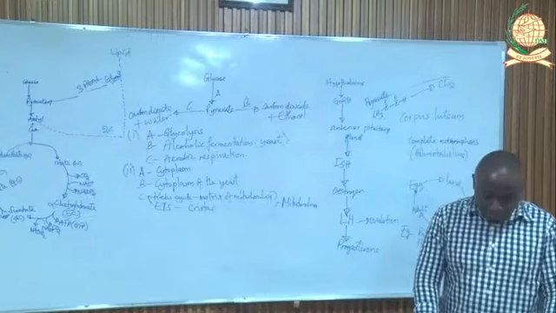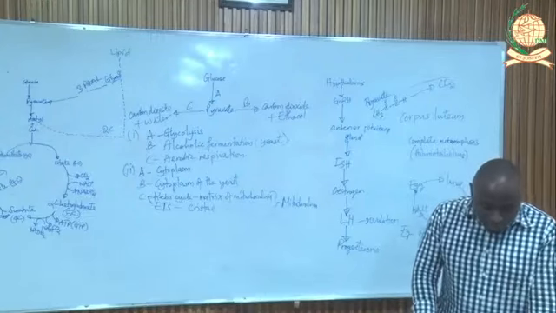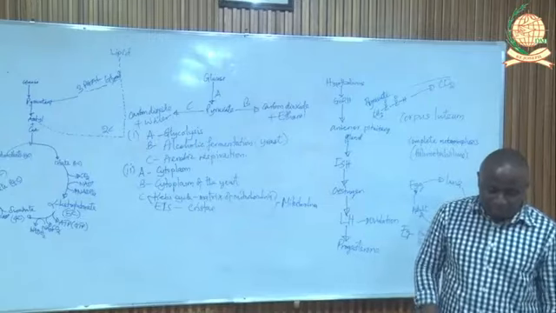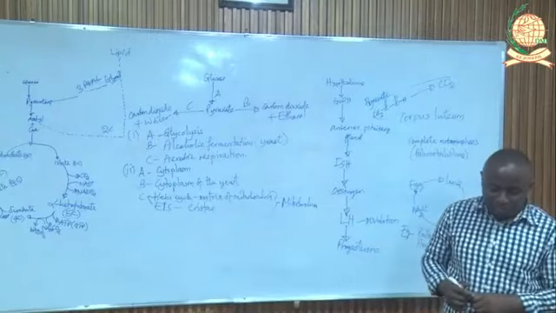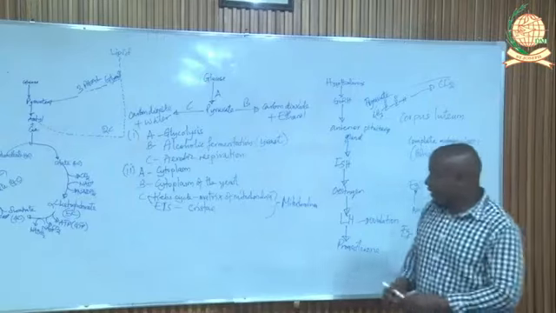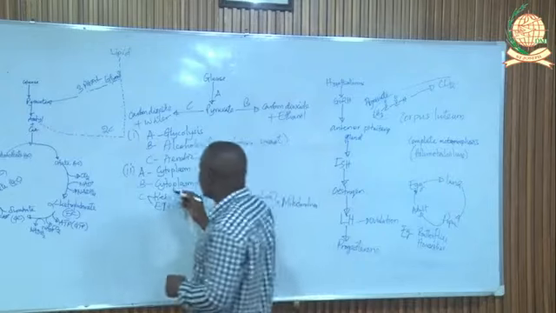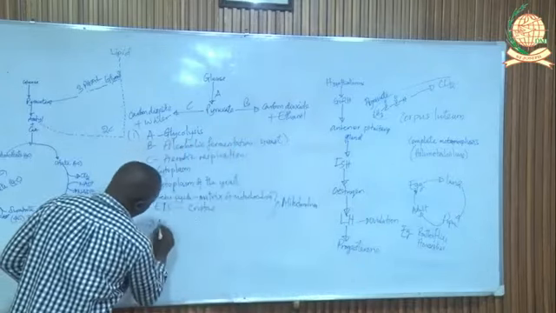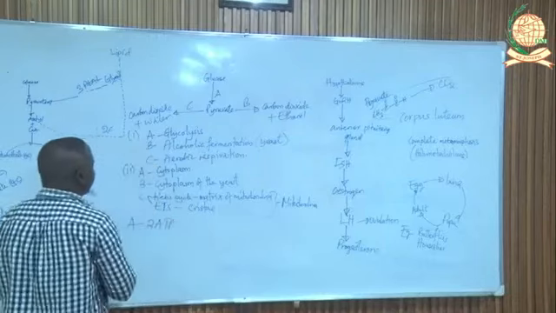That is C Roman 2. C Roman 3: How many ATP molecules are formed at each of the stages A, B, C? A, only 2 ATP molecules are produced in glycolysis.